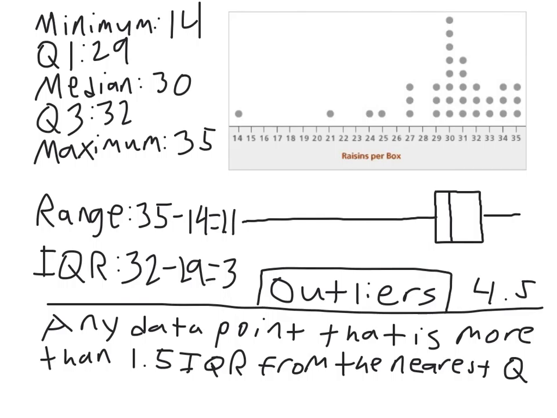So that would be 25. And then you would put a star on every outlier that shows up. So your graph would actually look like this, with a star here, here, and here marking the outliers.